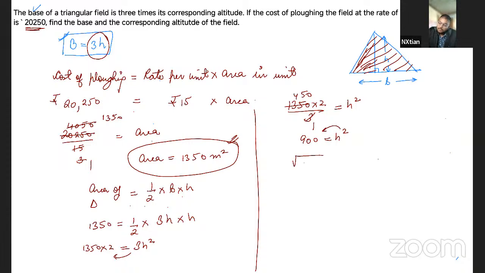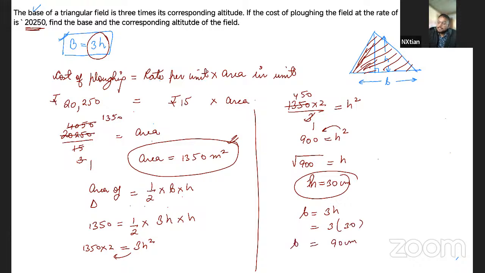So the root of 900 is basically h. h is equal to 30 centimeter. It means that the h which I got is 30 centimeter, and the base is basically 3 times of h. So it will become 3 into 30, which will become 90 centimeter. It means that the base is 90 centimeter and the height is 30 centimeter.